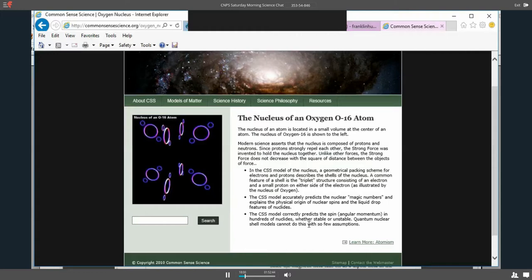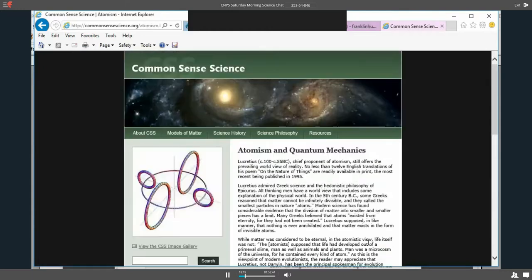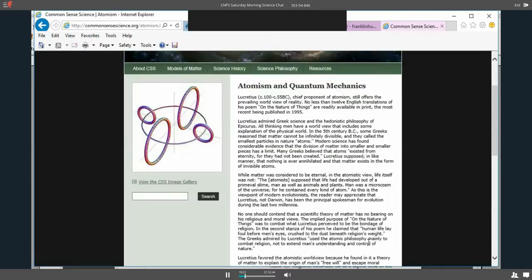And a shell of 8 is not as strongly bound as a shell of 18. But a shell of 32 is not as strongly bound as a shell of 18 either. And neither is a shell of 50. So what we see is there are certain peaks of highest, what you would call binding.